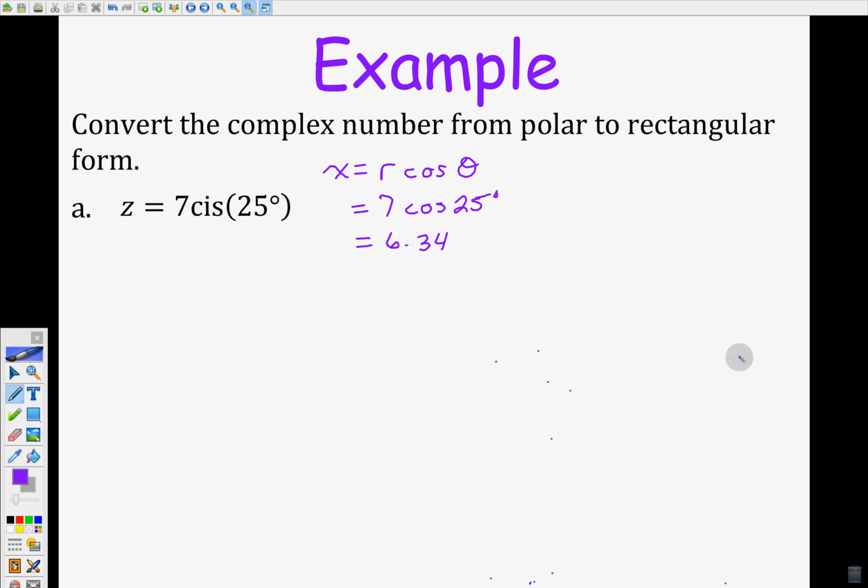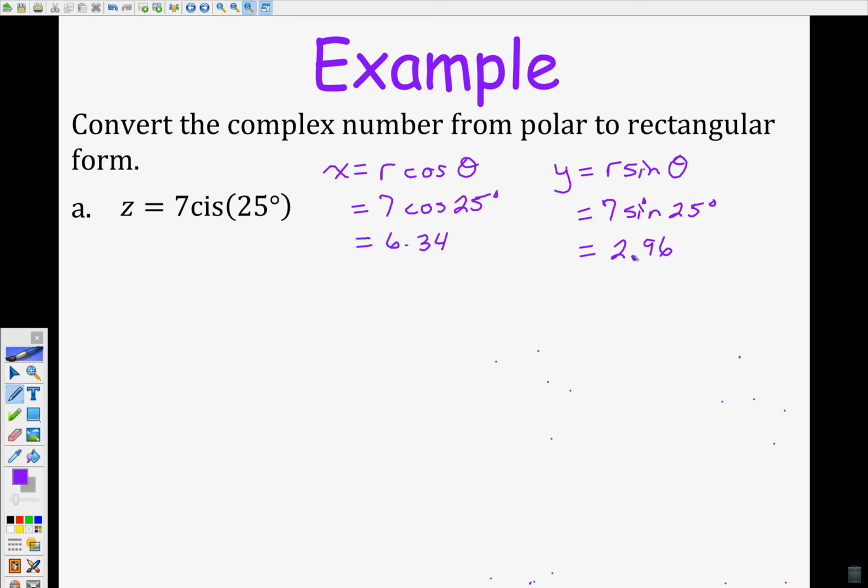And then I'm going to do the same thing for y. y is equal to r sine theta. So that means my radius is still 7, but this time I have the sine of 25 degrees. And so 7 times the sine of 25 degrees is 2.96.